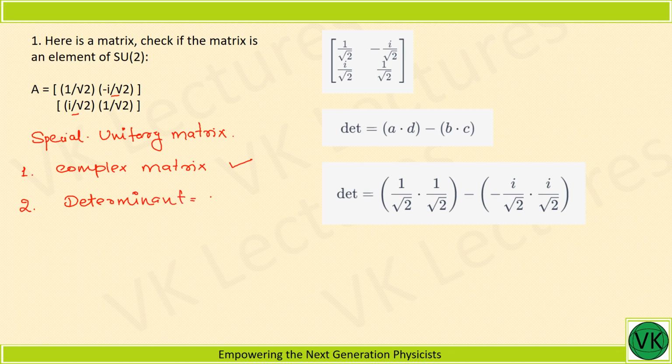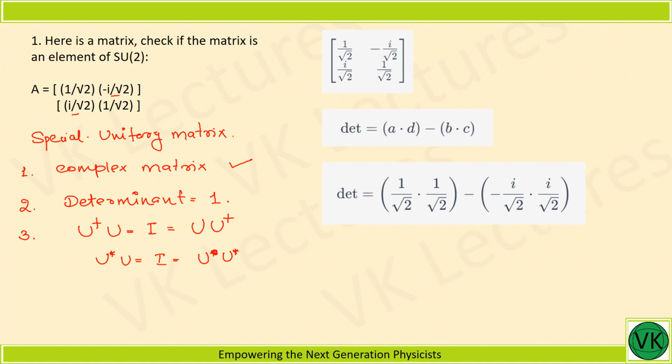And the third one is to find the complex conjugate transpose, that is U dagger U equal to the identity matrix I, and that should be equal to U dagger, or U star U equal to I. Okay, so this is what we need to check. Now the first one is a complex matrix because it has a complex number.